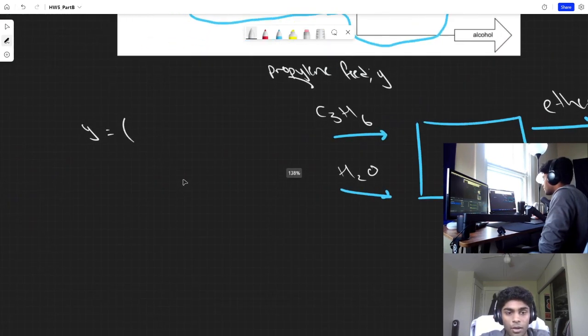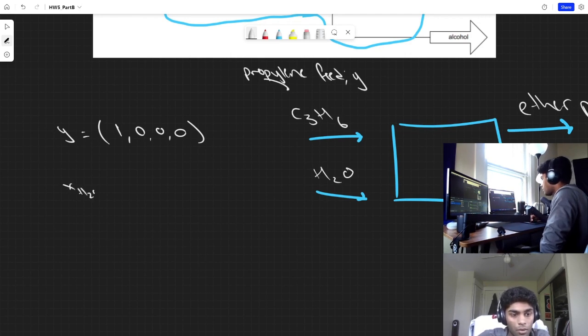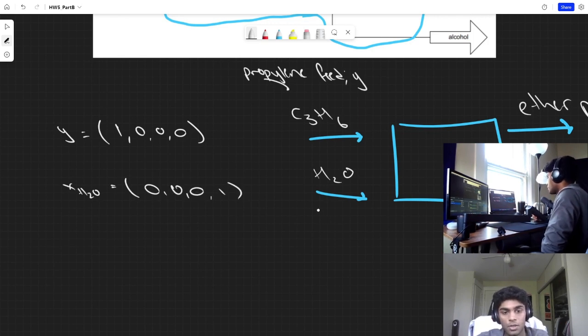So that's going to take our number 1 spot in our array. So we are inputting 100% of our alkene. For our water, it's going to be 100% water, pure component water. So we are inputting pure components.